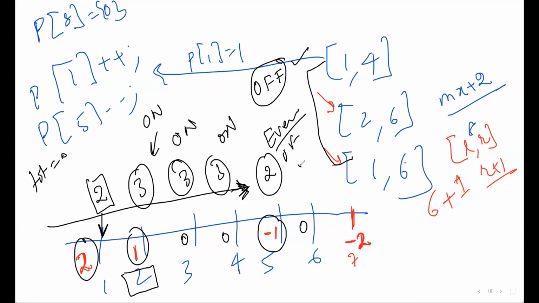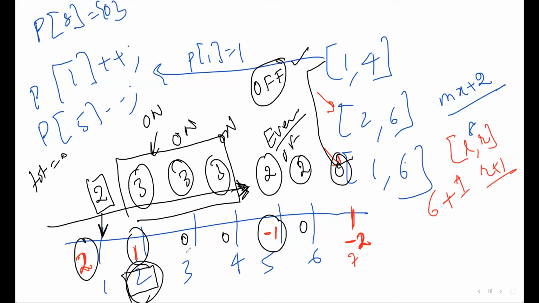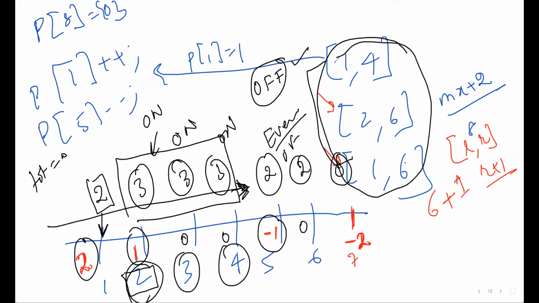For 6 also it will remain 2. For 7 it will become 0. You got my point? So only for these three positions. And you can see also 2, 3, and 4. These are in all the three ranges. So this is telling me about number of overlapping ranges for every point. So we use this line sweep algorithm for this. Very, very important.